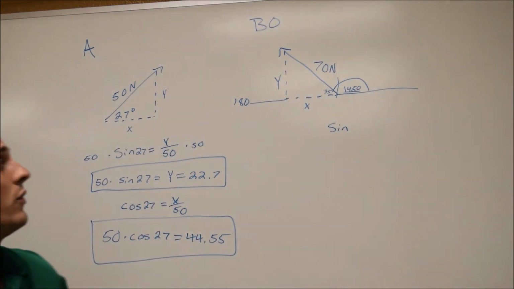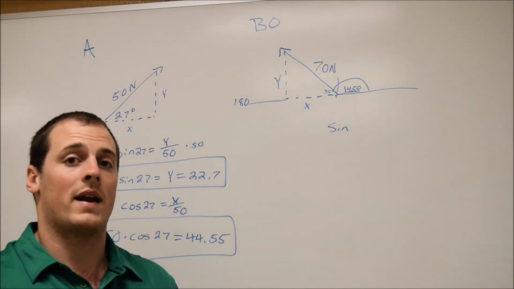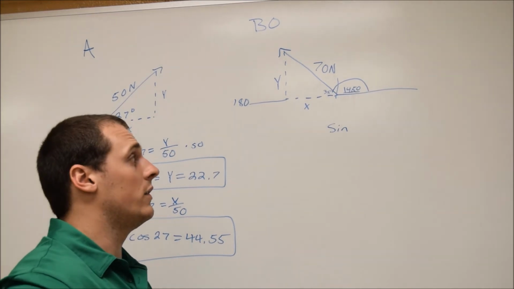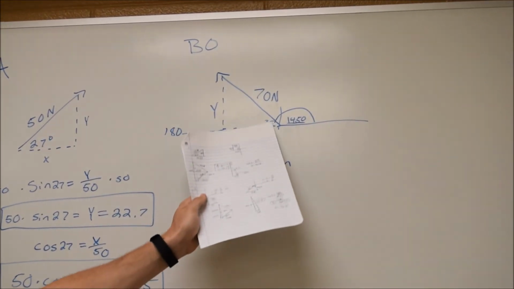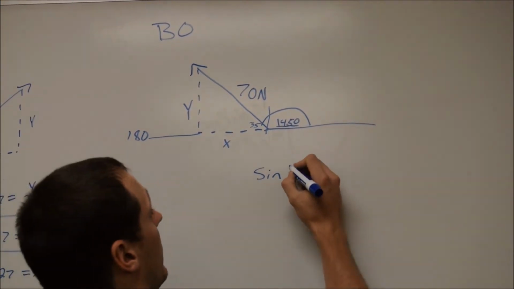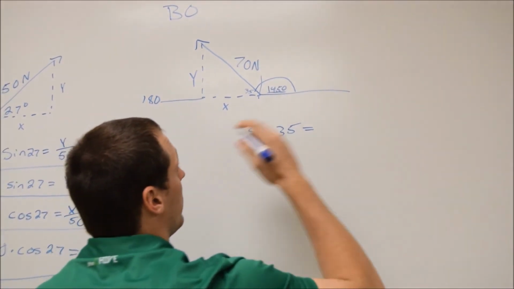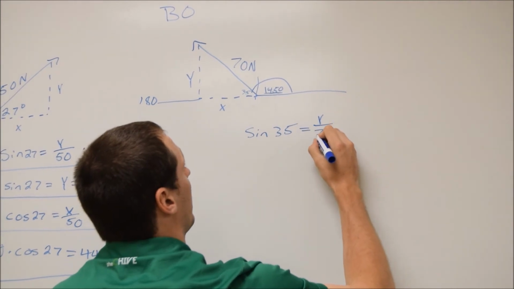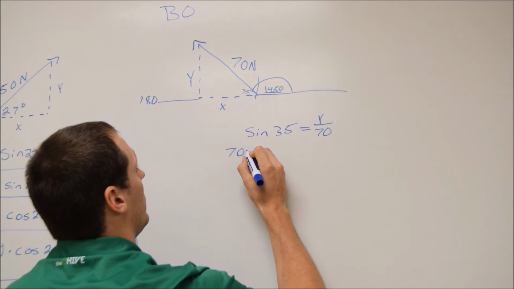If you use 145, then the answer you get from your calculator is going to automatically make it either a negative or positive value based upon the number that you used. So I prefer to work specifically in the triangle itself. We'll take the sine of 35 is equal to the opposite over the hypotenuse, which is 70. So again, multiply both sides by 70.